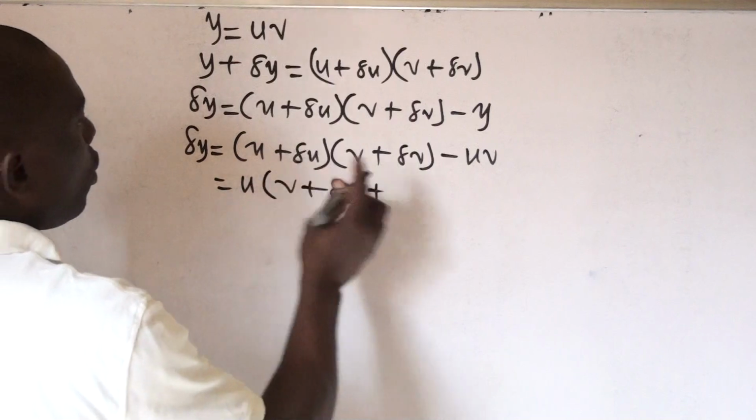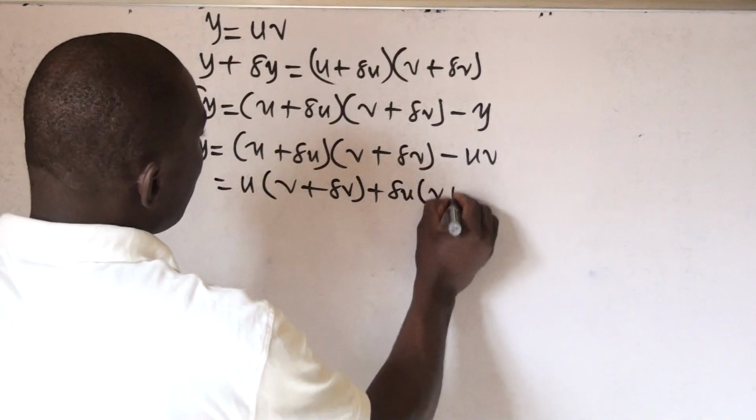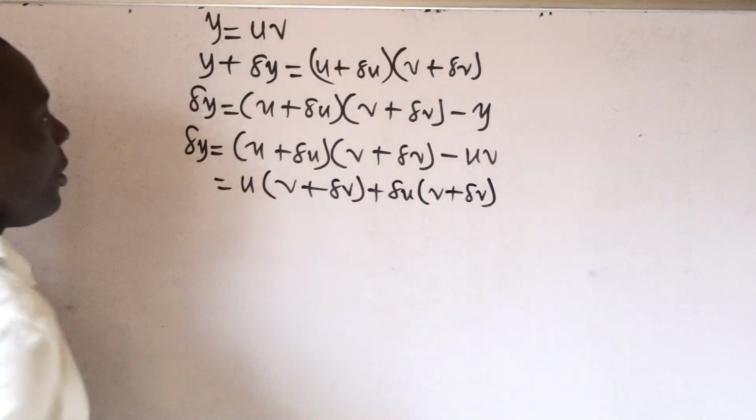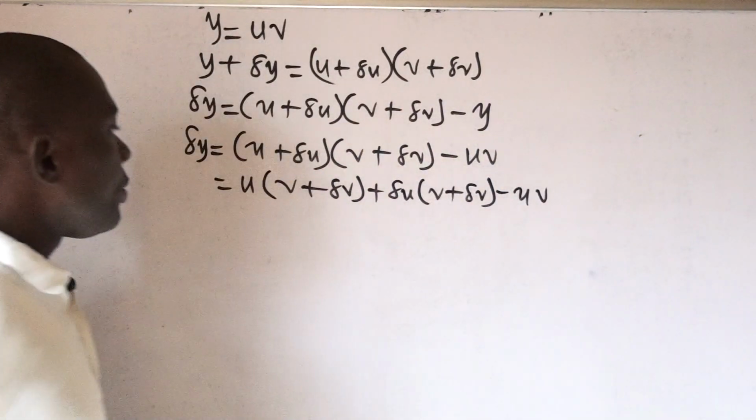If we do that, this will become u times (v plus delta v), plus delta u times (v plus delta v), minus uv.